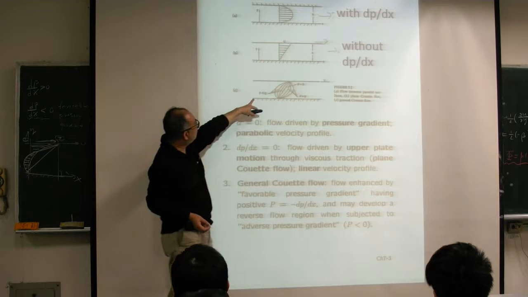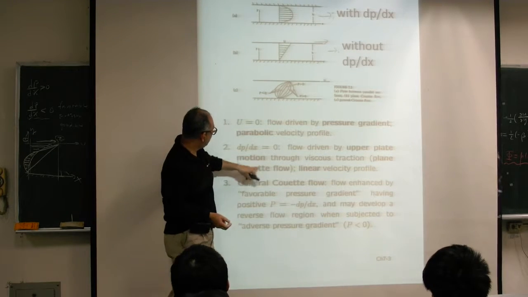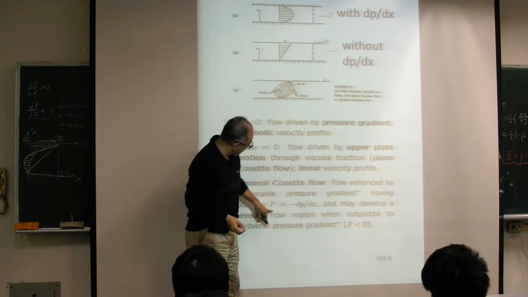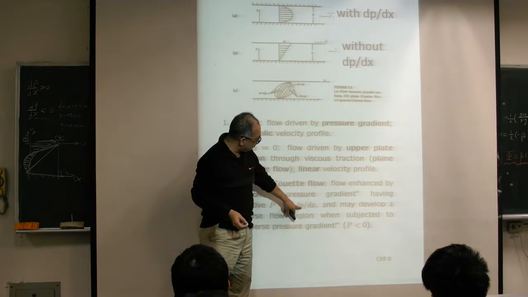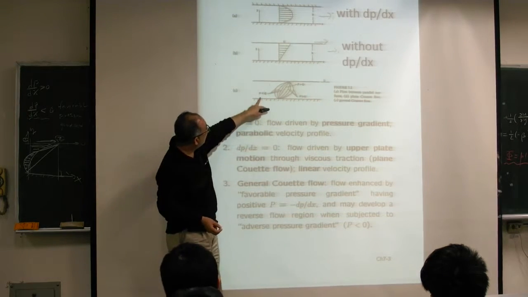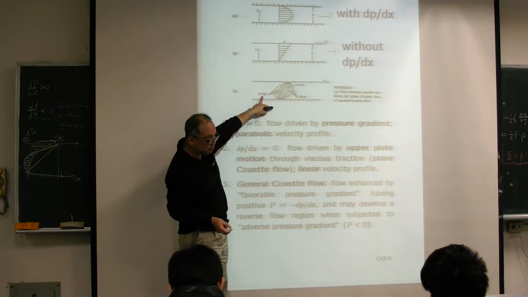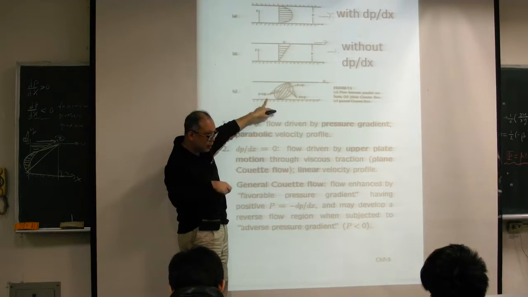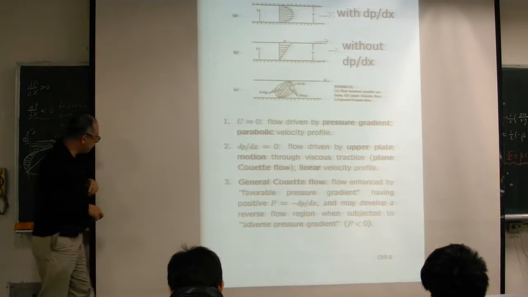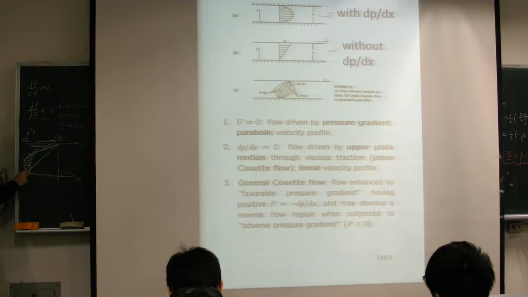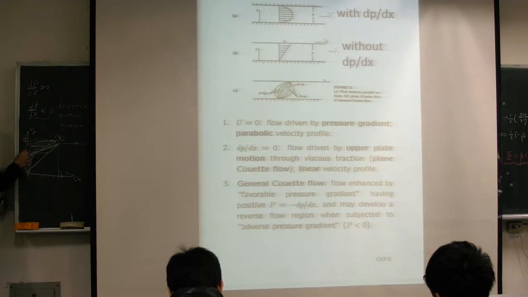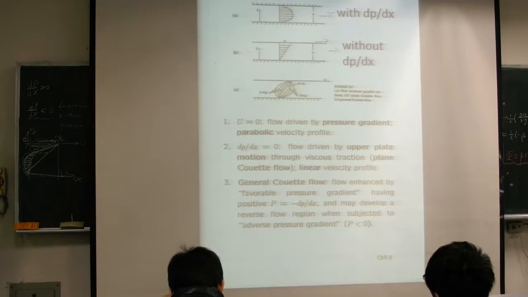So when you have P less than 0, where P is the definition here, minus dp/dx, sometimes you have a negative flow, depending on how strong it is. But the upper part may be positive, so one is forward, one is reverse.